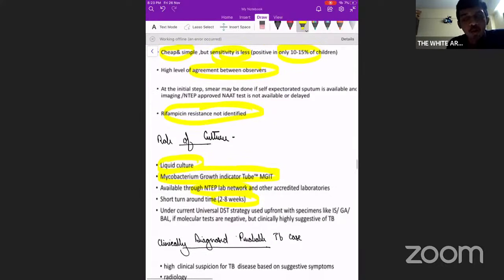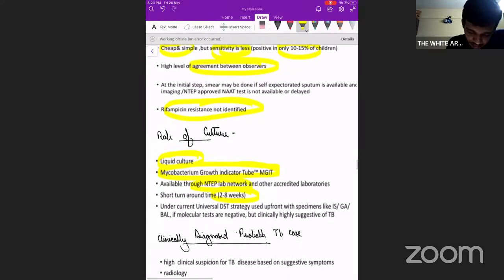And what is the role of culture is, we already came across a situation while discussing the algorithm that there is clinically diagnosed TB. You have a person, presumptive case, you have chest X-ray suggestive of TB, but despite sending CBNAAT samples, you are still getting negative. So in that case, what do we do?